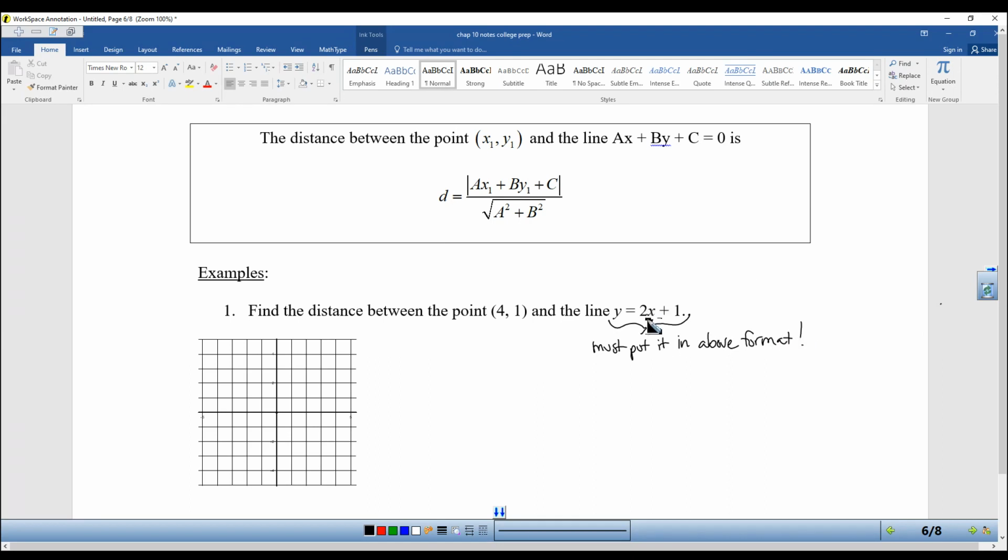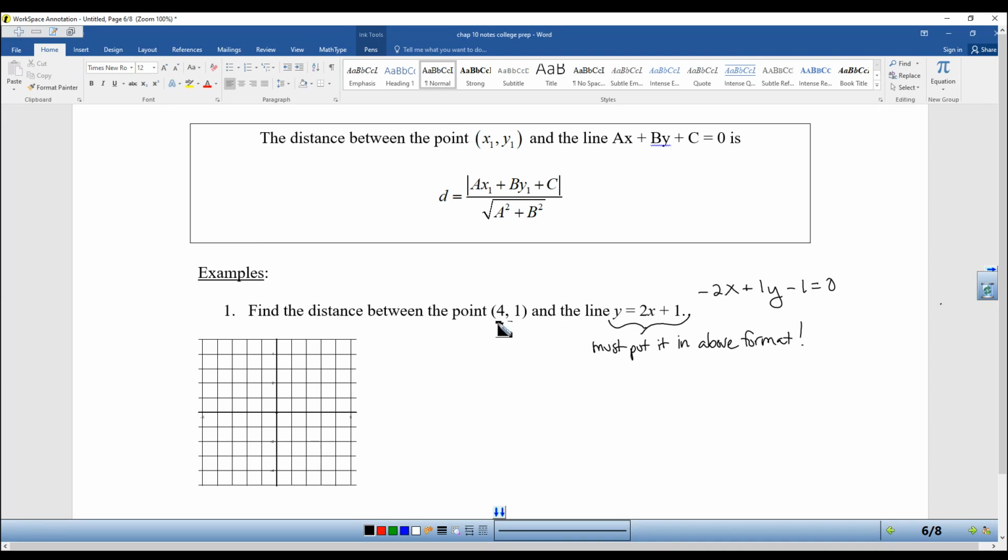So I'm going to move the x to the other side, -2x plus 1y, and then I have to move the c over also, -1. If, by the way, you put everything on the other side, the formula still works. That's what the absolute value is for, so that you can do it either way.